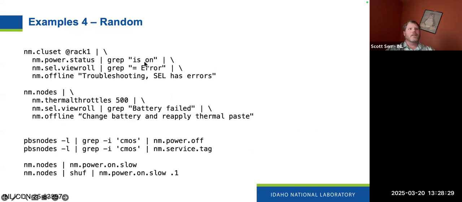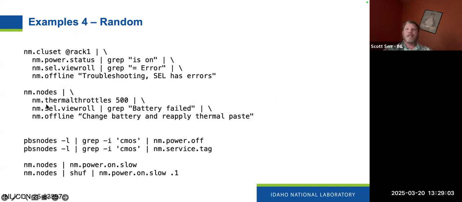Check rack 1, look at the power status of some of the hosts, and get their system event log and the roll-up information. And if the health information on the node is error, I want to offline it and start troubleshooting, and offline it with the reason that I'm troubleshooting also.